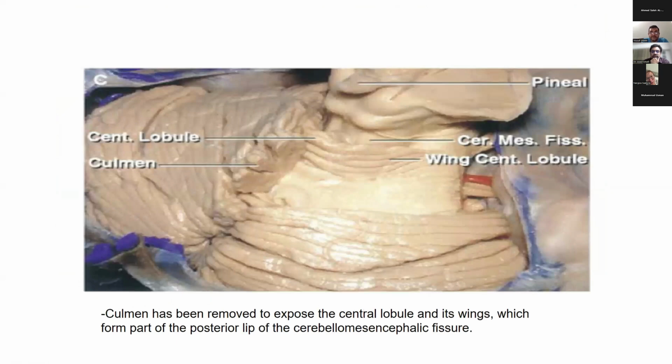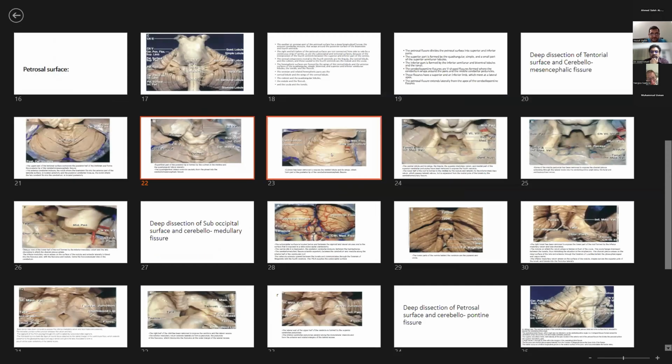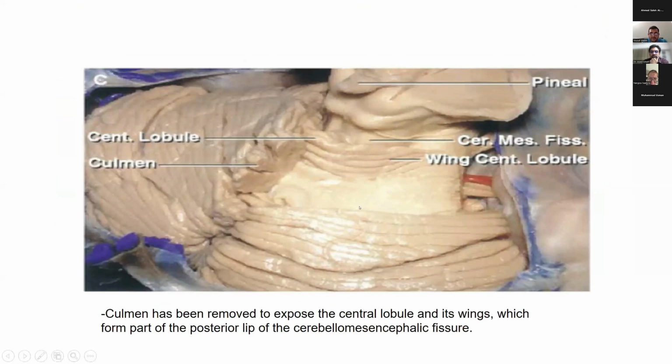Next picture. This is the same picture; we have just rotated the angle. This is looking at it from the midline, and now we have rotated it slightly. This was the anterior cerebellar incisura and this was the culmen. We have cut half of the culmen and removed the quadrangular lobule, so you can see that this is the central lobule.